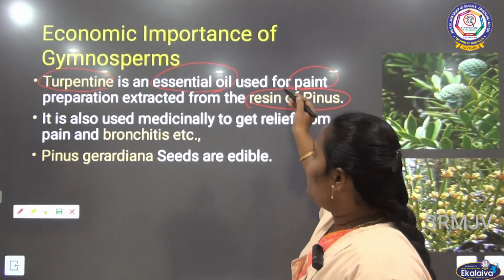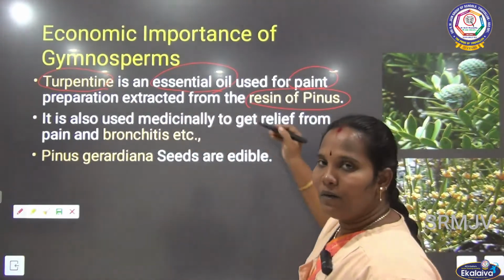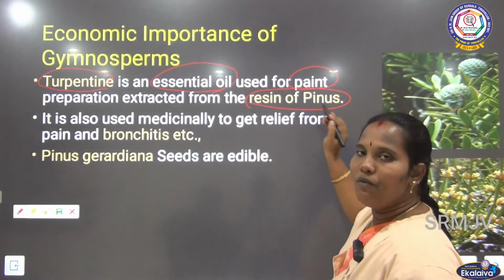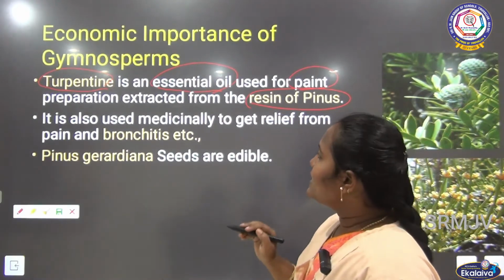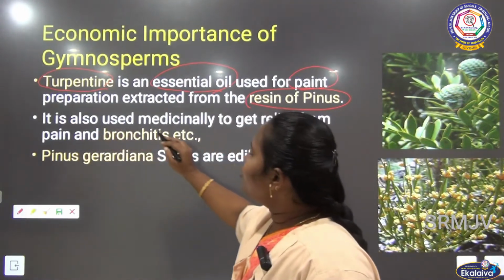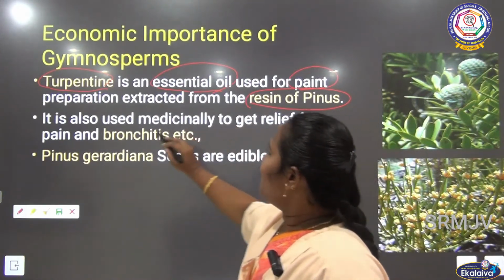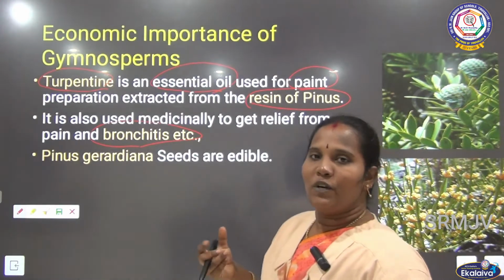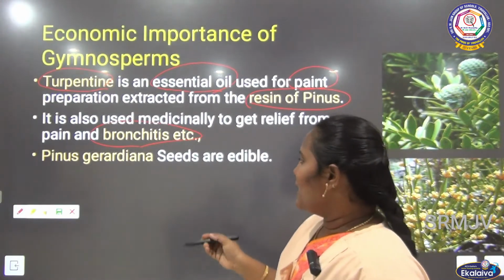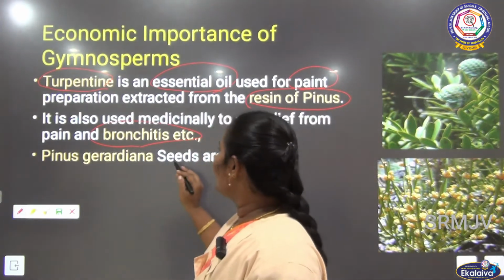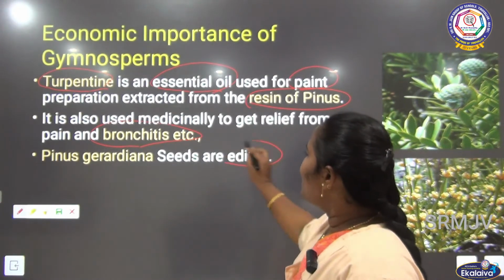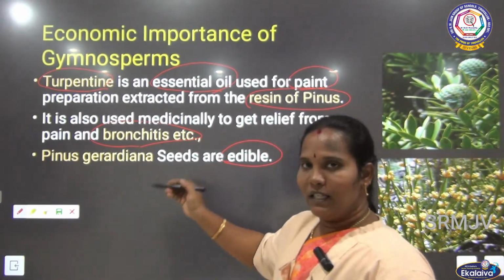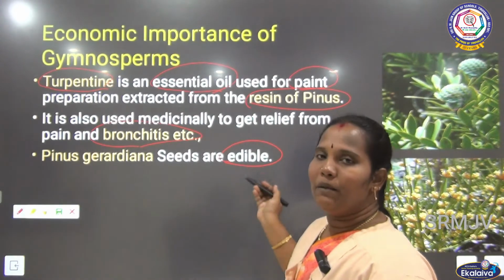It is also used medically to get relief from bronchitis, which is also a respiratory problem. Next one is Pinus gerardiana, whose seeds are edible.